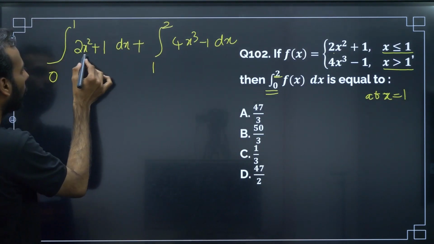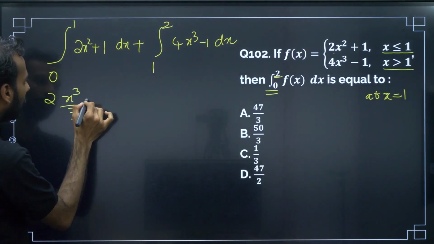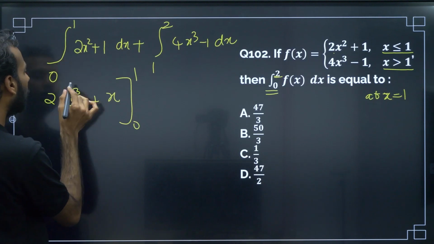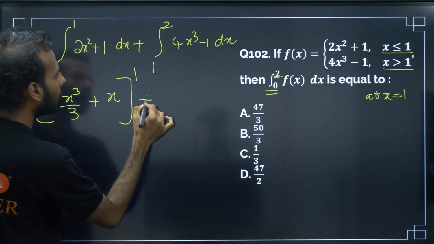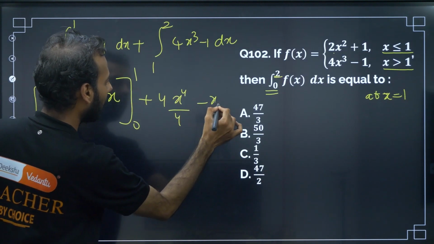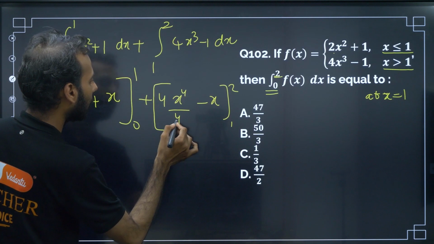So the integration of this function is 2x³ by 3 plus x, 0 to 1, plus 4x⁴ by 4 minus x, 1 to 2.